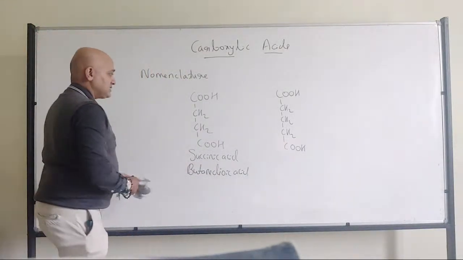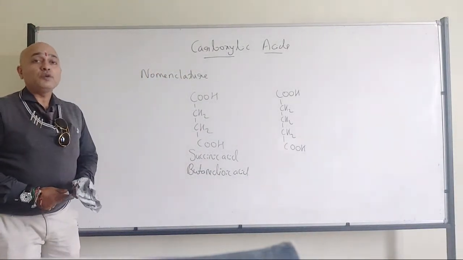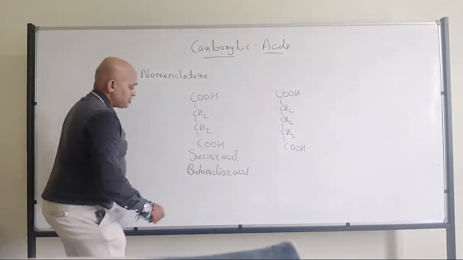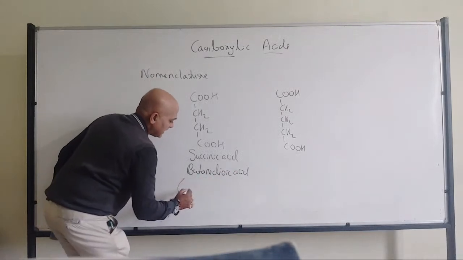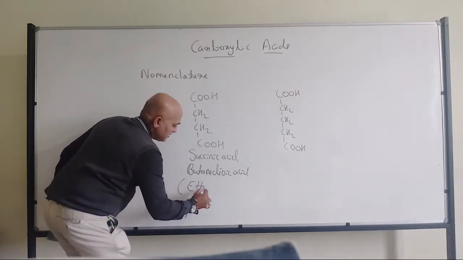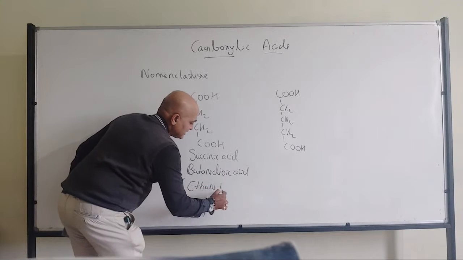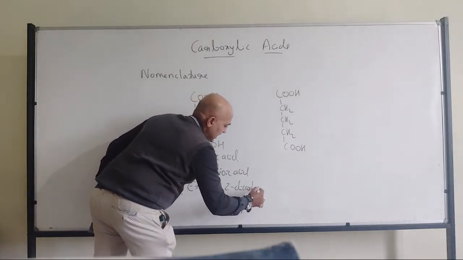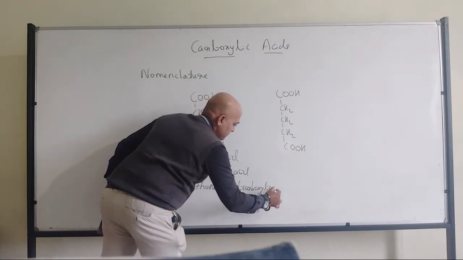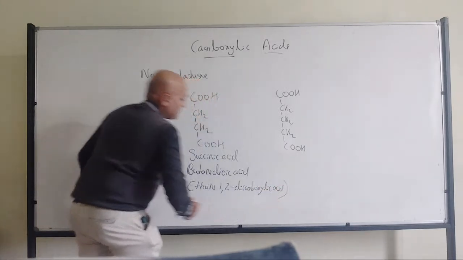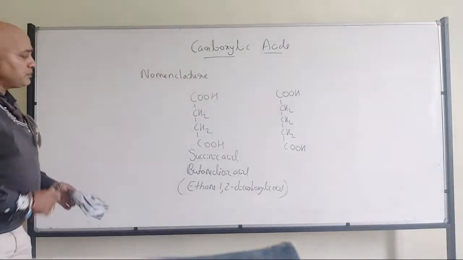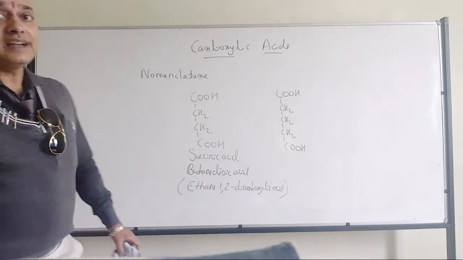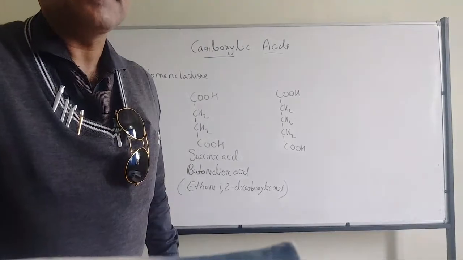Yes, you can mention ethane 1,2 dicarboxylic acid. But normally it is called butane dioic acid, or we can call it ethane 1,2 dicarboxylic acid. Acceptable. Done.